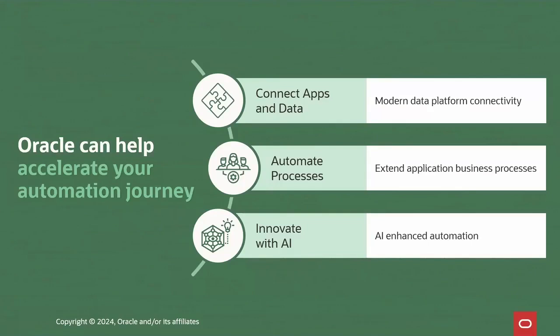Okay, so now if you look at this screen, we have connectivity to the applications and data, and automated processes. If we have these two things, then we can think of innovation, right? Oracle can help you automate the orchestration of AI services as well, like AI-based decision making or intelligent document processing.